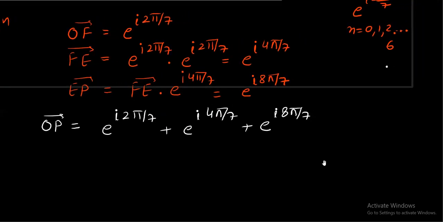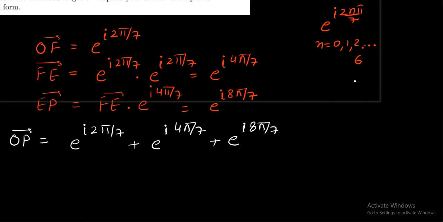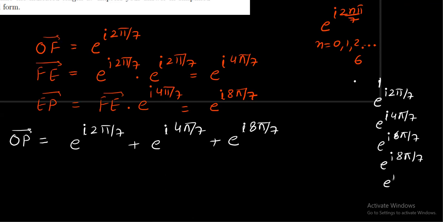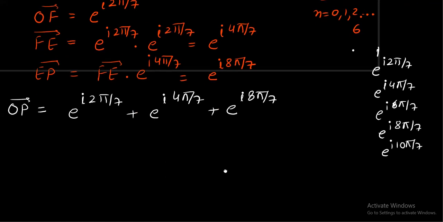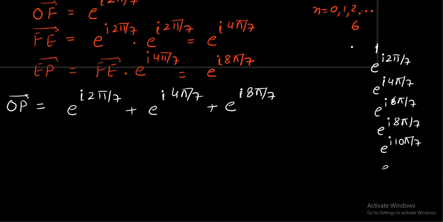Now, if these are seventh root of unity, then let us see what all 7 roots do we have for unity. One is 1, the other one is e power iota 2π/7. The next one is e power iota 4π/7. Then we have e power iota 6π/7, e power iota 8π/7, e power iota 10π/7, and then I'm going to write e power iota 12π/7.